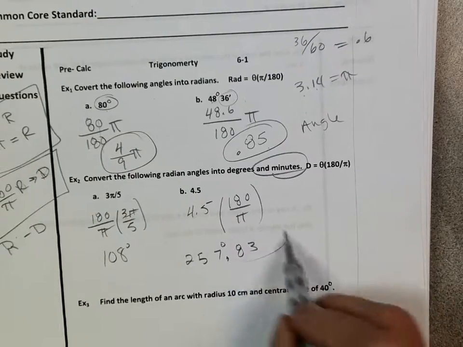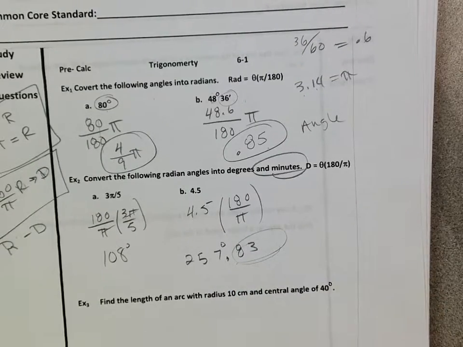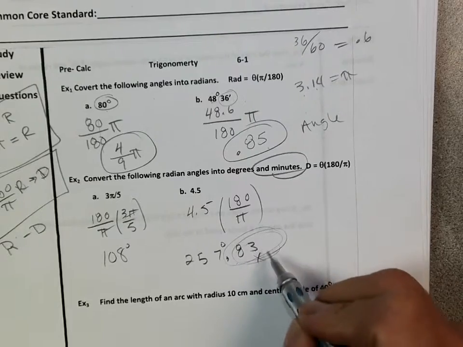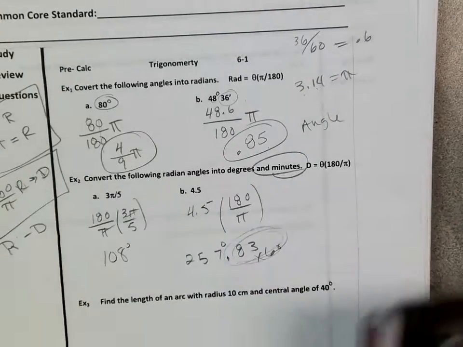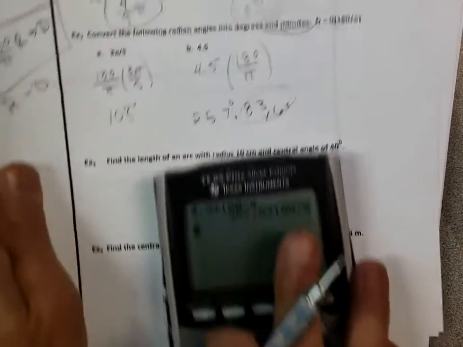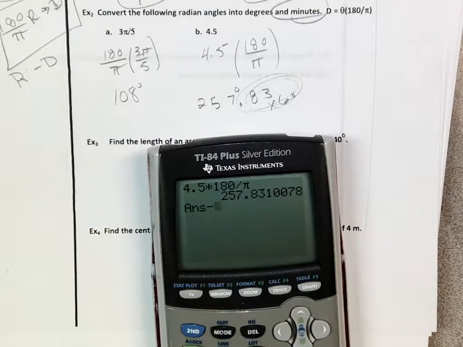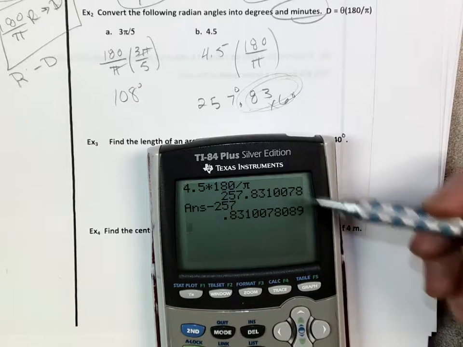I'm just going to take this decimal and multiply it by 60, okay? So in my calculator, check this out. See how smart we are? What if I just went minus my 257, right? There's my decimal. See, I'm just doing this for accuracy.